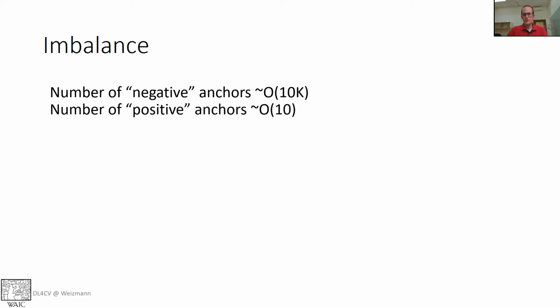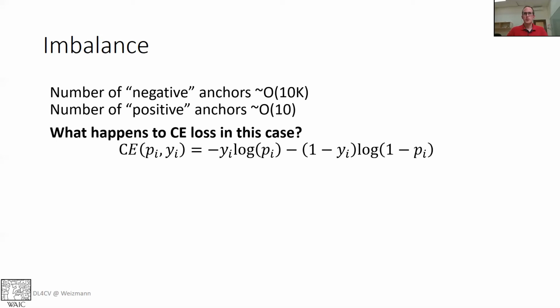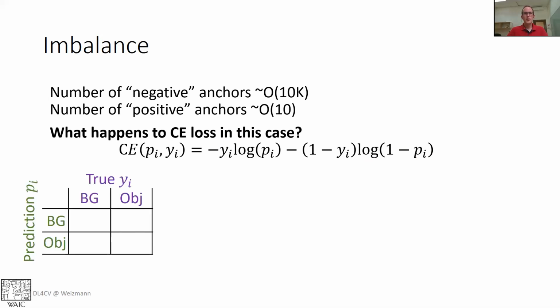So how does it affect the cross entropy loss? This is the binary cross entropy loss. Y is the target, 0 or 1, and P is the object probability between 0 and 1. Suppose we have almost 10,000 negative objects, and suppose we are looking at some instance of the weights where most of them are being correctly classified as background.